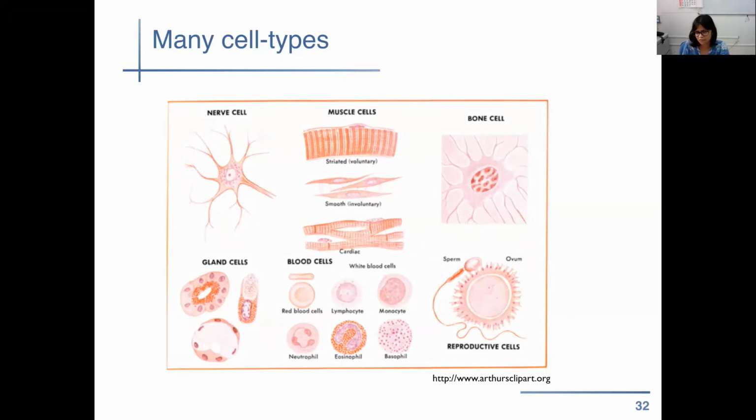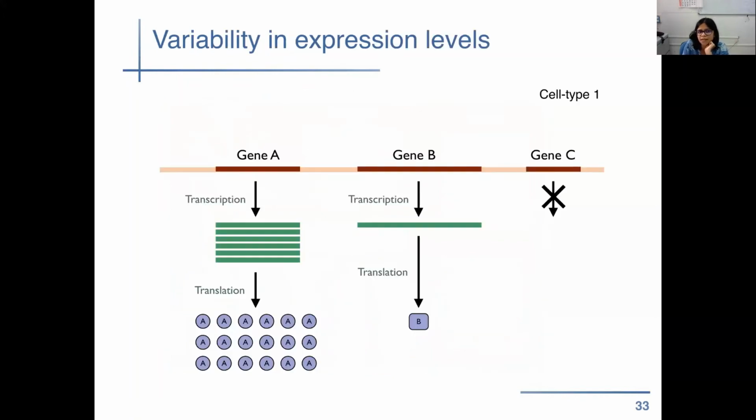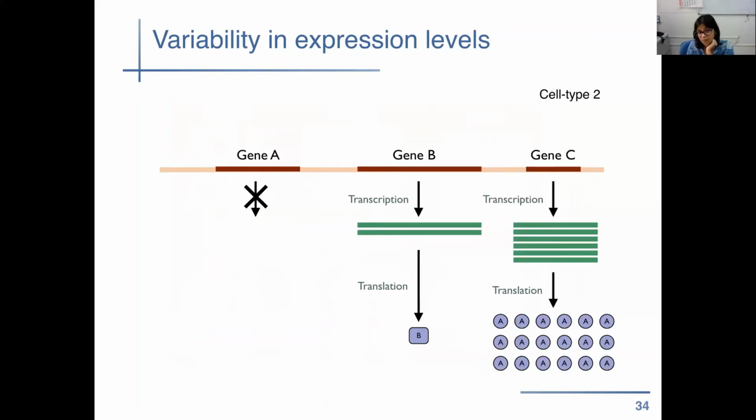So what this means is, if we know that the genome is not changing across cells, what is changing is the protein and the RNA content, or the distribution of these molecules, because the recipe book is the same. In a particular cell type, you might have a lot of gene A and no gene C, while in another cell type, you might absolutely not want gene A, but might want gene C. So the cell is controlling all these steps to ensure that the final product is what is required in each cell.